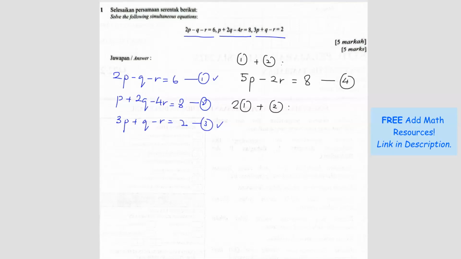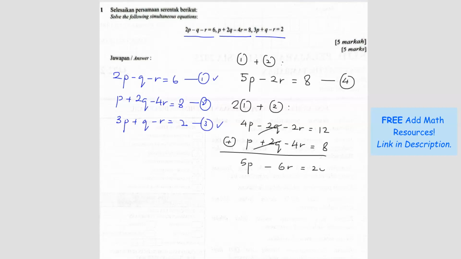So 4P minus 2Q minus 2R equals 12. And then the equation 2 is this. So I'm going to add them. So I'll get 5P, this one eliminate, and then negative 6R equals 20.